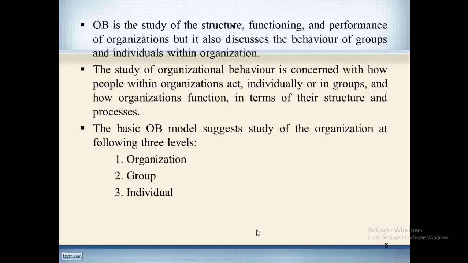OB is the study of the structure, functioning, and performance of organizations, but it also discusses the behavior of groups and individuals within the organization. There is also another very broad definition: OB studies the functioning of the organization, how it is functioning, how it is performing, but this functioning and performance is based on the behavior of the individuals and the groups.